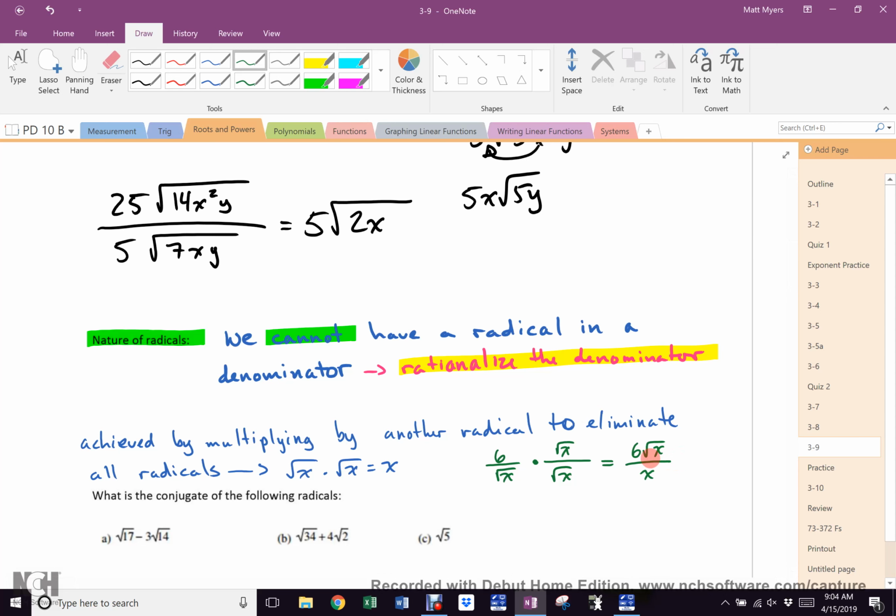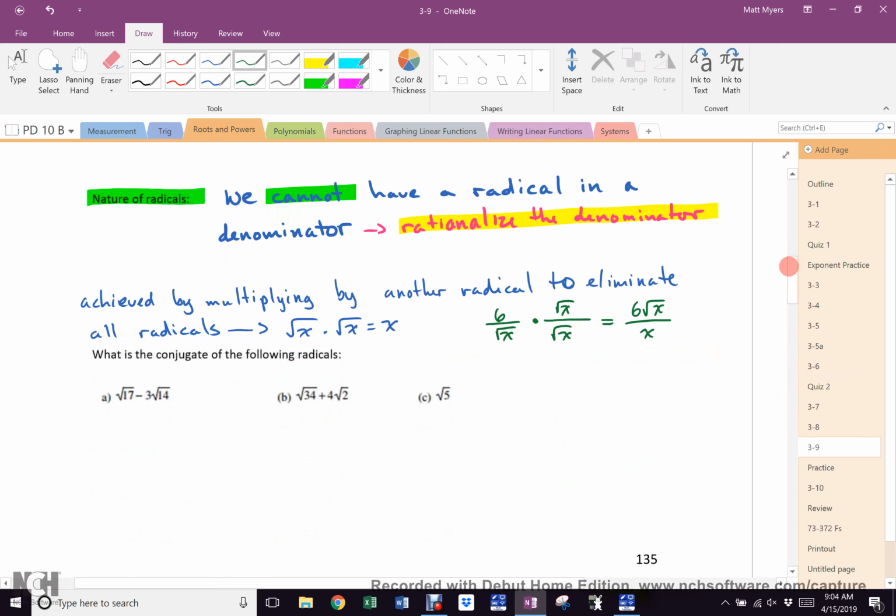Everybody cool? All right. Now, everybody highlight the word conjugate. The conjugate of x plus y is x minus y.